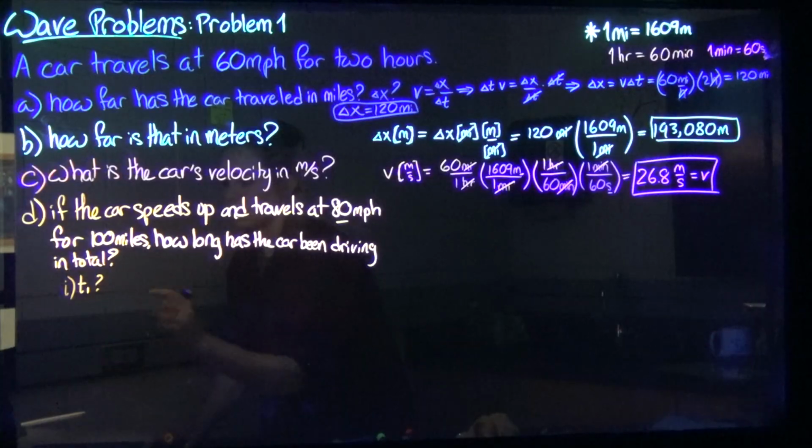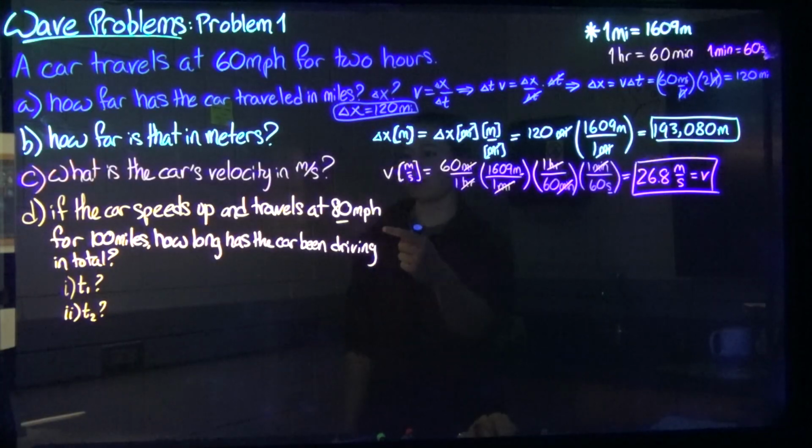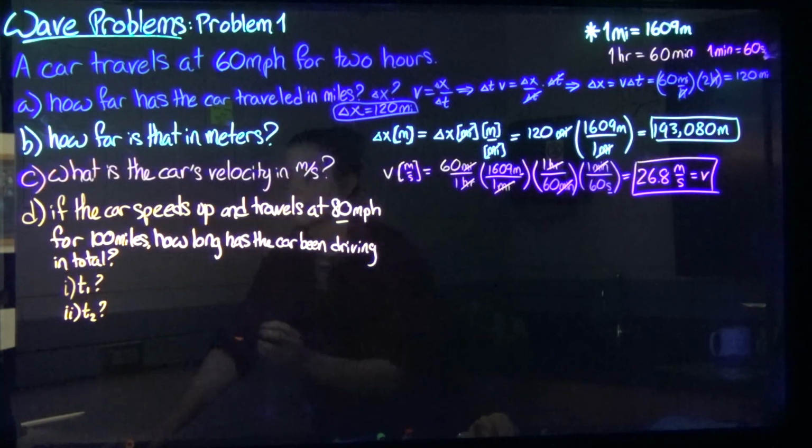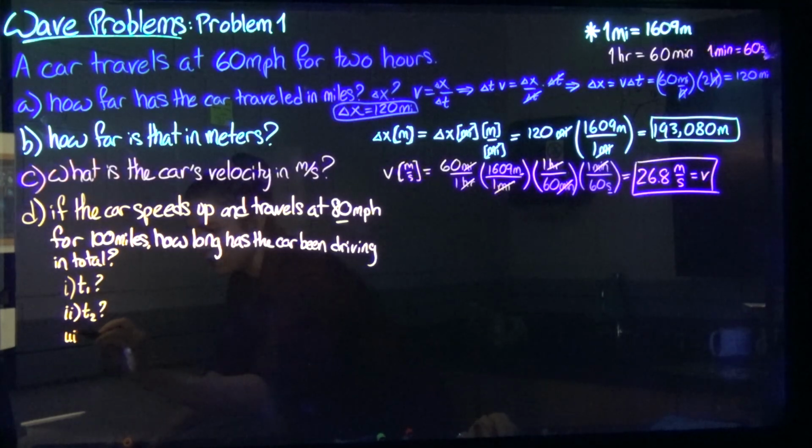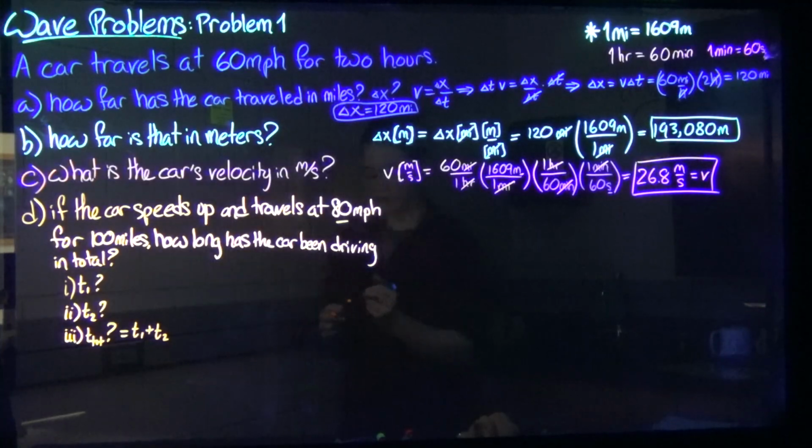We're going to need to find our T2, which is how long it's been traveling at 80 miles per hour for 100 miles. How long did that take? And then we've got our T total, and that's just going to be T1 plus T2.